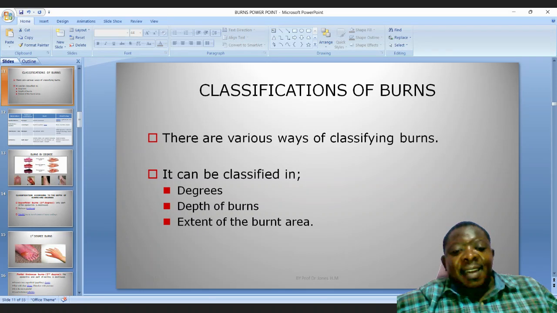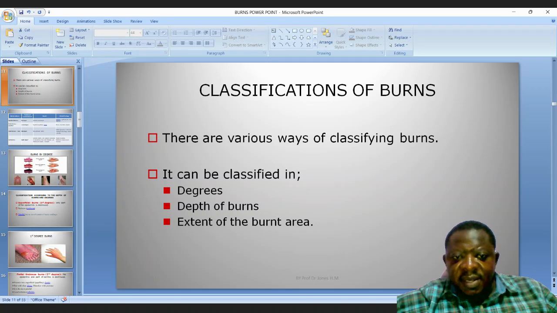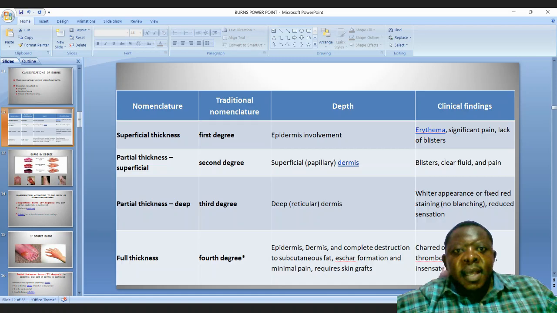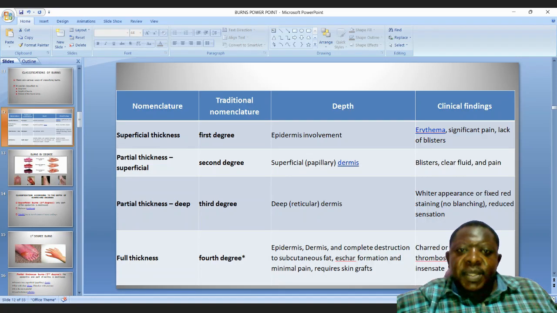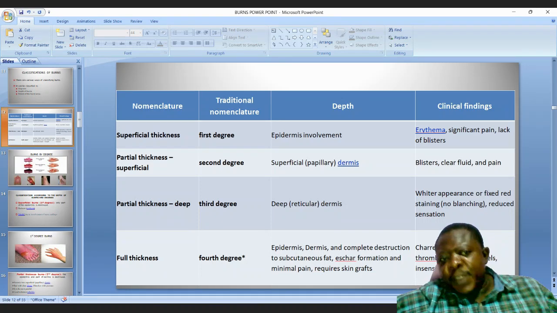Burns can be classified according to degrees, according to depth of the burns, and according to extent of the burn area. In this table we have the traditional nomenclature, the depth, and the clinical findings.